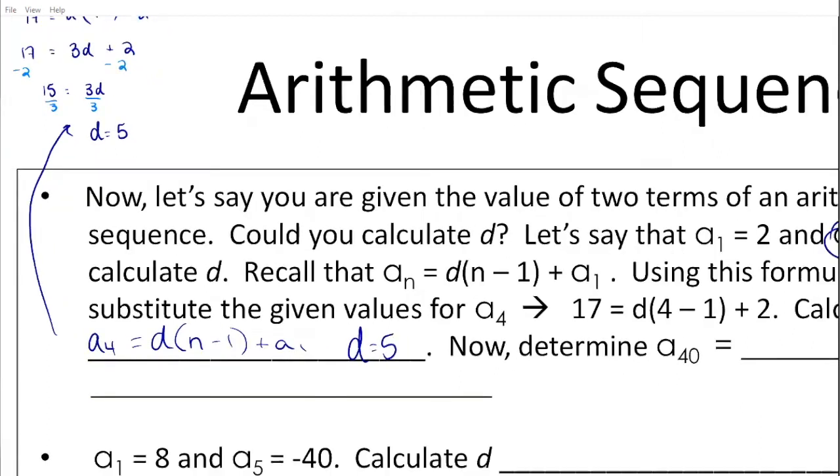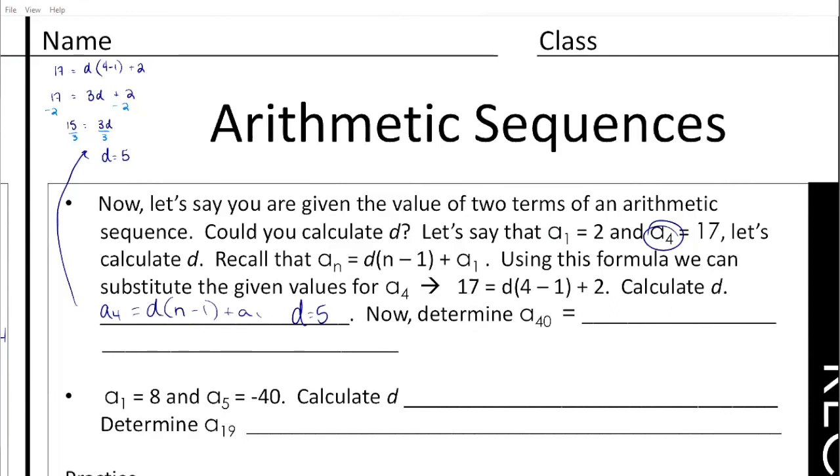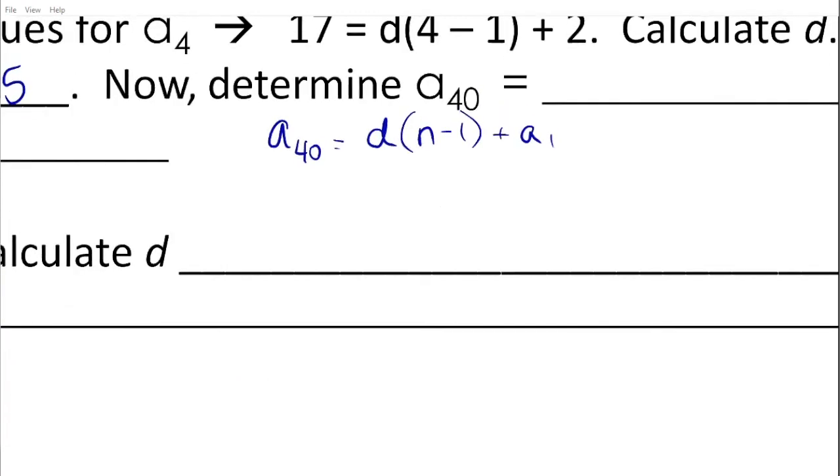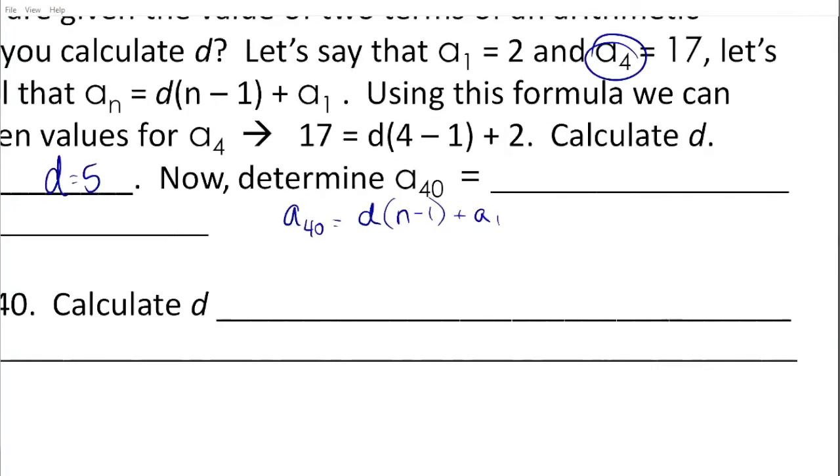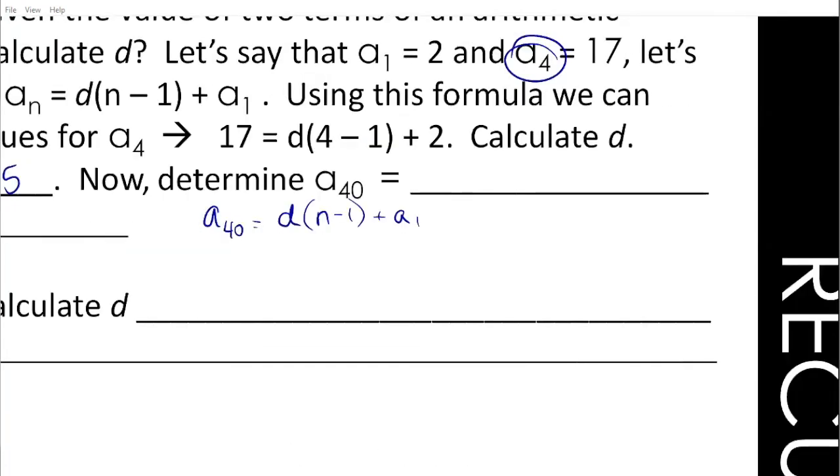Okay, and we can do the same thing if they said, instead of the fourth term, how about you go ahead and find the 40th term? Okay, so A40 equals D(n minus 1) plus A1. We know now what our common difference is, so we're just substituting that 5, 40 minus 1, plus 2.